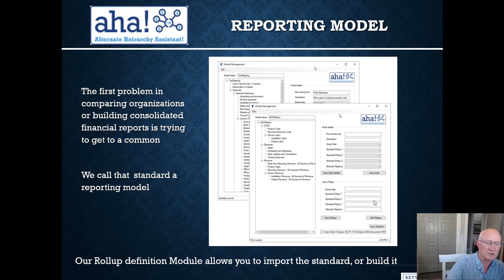But you don't need to use our standards. We also have the ability to allow you to start from scratch and build out an entire model in this tool. Or alternatively, we also allow you to import a reporting model from a CSV file.